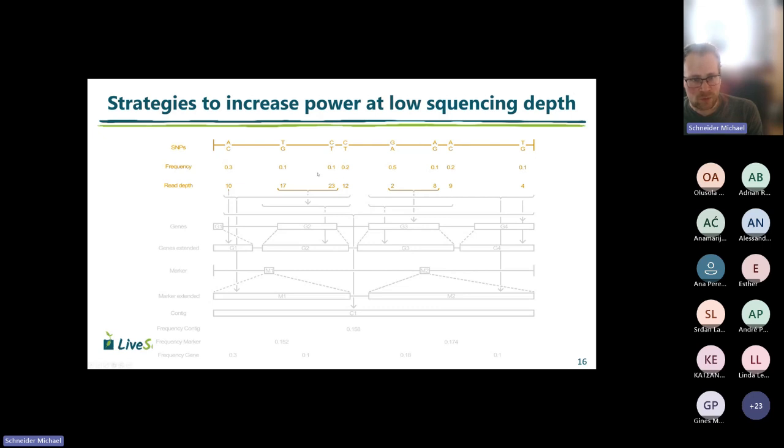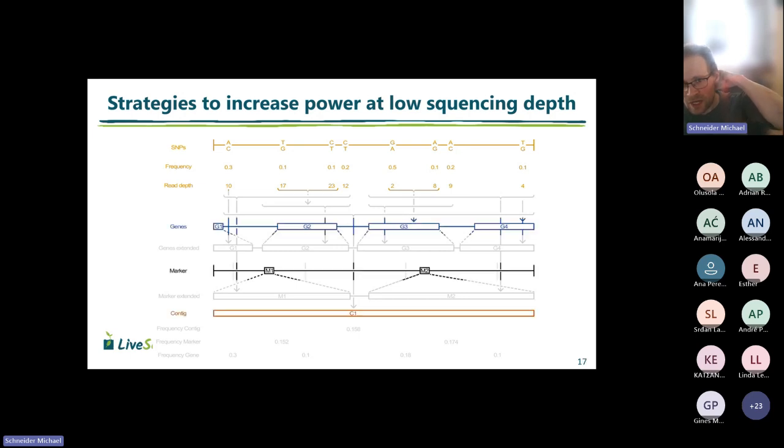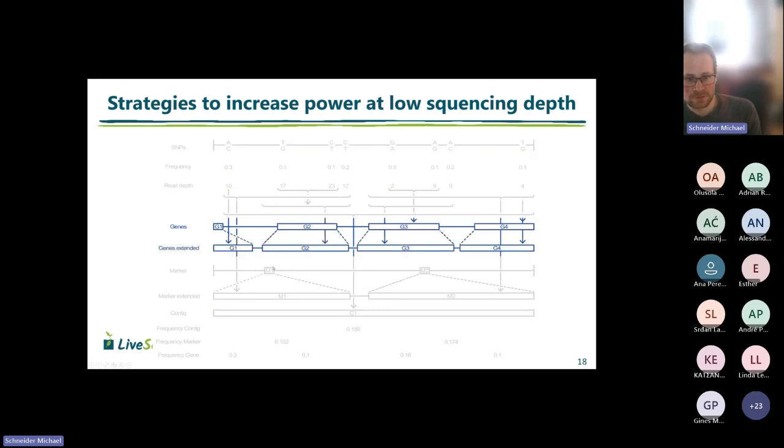When we genotype the population, we find these read depths for each of these loci associated with a given frequency, so that we say, okay, this allele A is 3 times present, while this allele C is 7 times present. This is not super helpful, but when we annotate this information from these SNPs to genes or to markers, we can increase the knowledge gain.